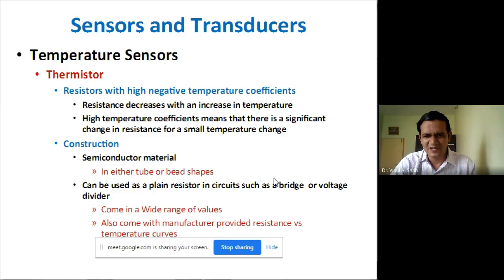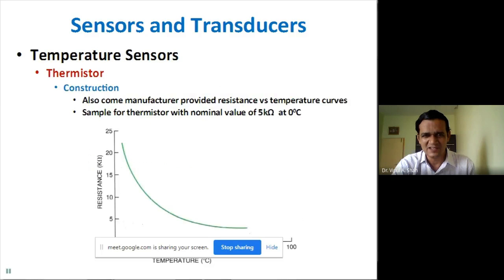Also, it comes with manufacturer provided resistance versus temperature curves. So as and when you purchase this thermistor, the readymade solution is there for resistance versus temperature curves, and you can utilize that as per your requirement in your human body temperature measurement. So this is a typical curve for a specific thermistor. It also comes under the manufacturer provided resistance versus temperature curve.